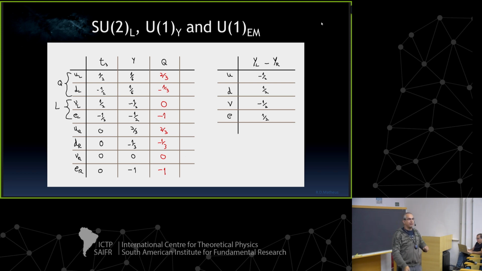So you'll see, for the up type guys, which is the up and the neutrino, it satisfies one of the conditions. For the down type guys, which is the down and the leptons, the electron, the muon, and the tau, it satisfies the other condition.